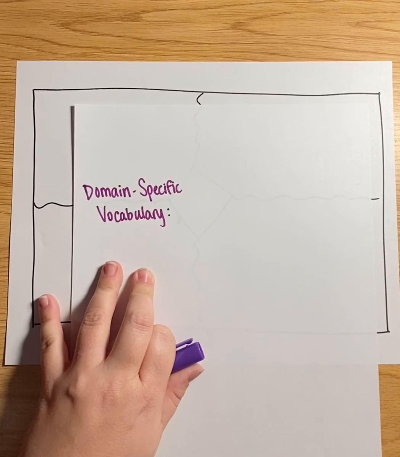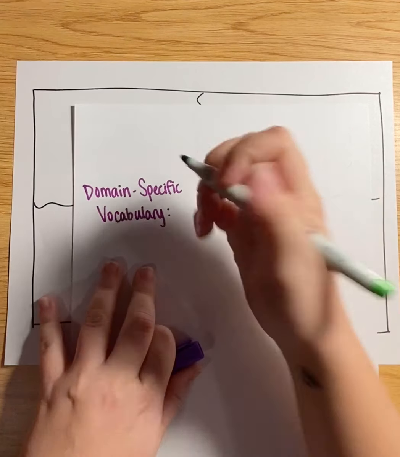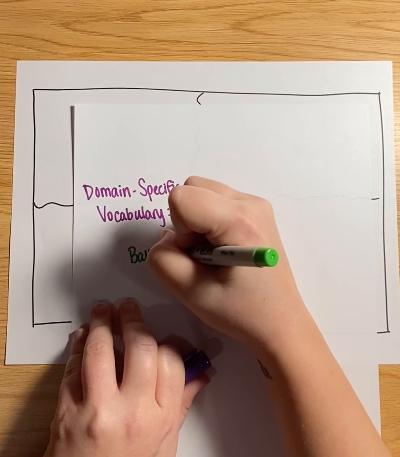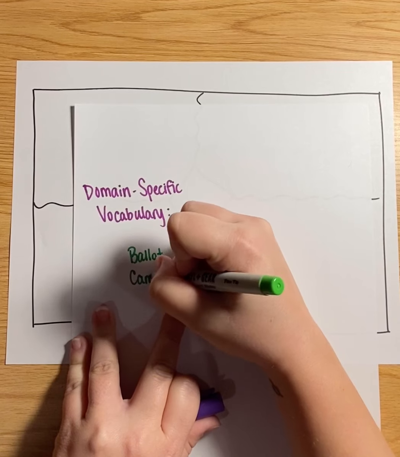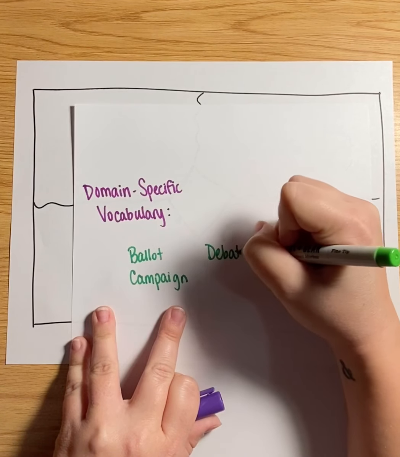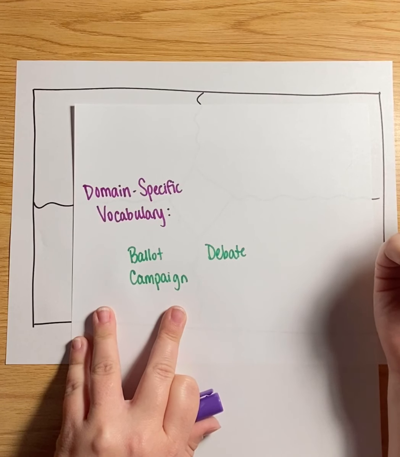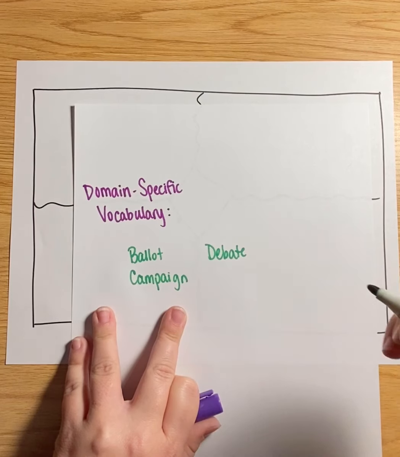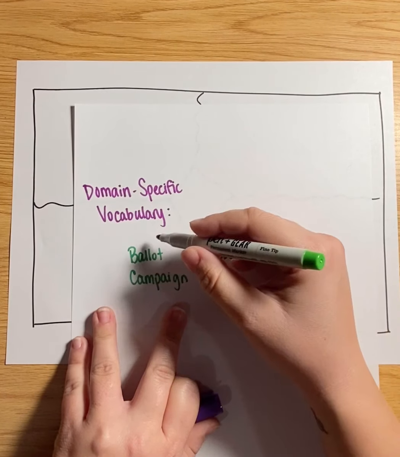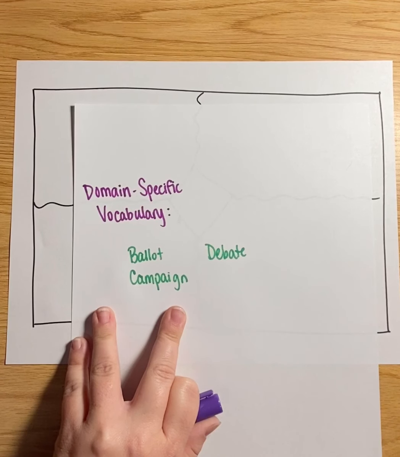We have kids running for like student body or class president, and we have words like ballot, campaign, debate. I'm trying to think of some other ones. My brain is spacing, but there's more vocab or more words that apply specifically to this domain.